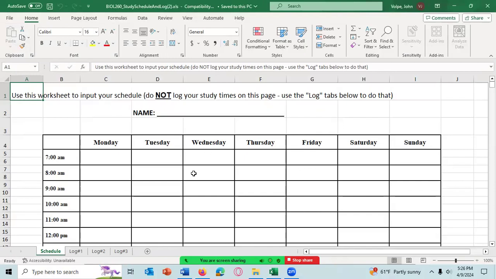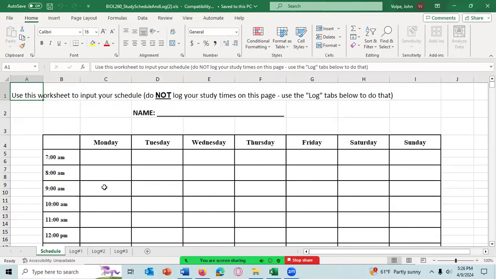On this worksheet, you need to submit your daily log schedule on the first tab, which marks schedule. And that's put everything you do from when you're awake.